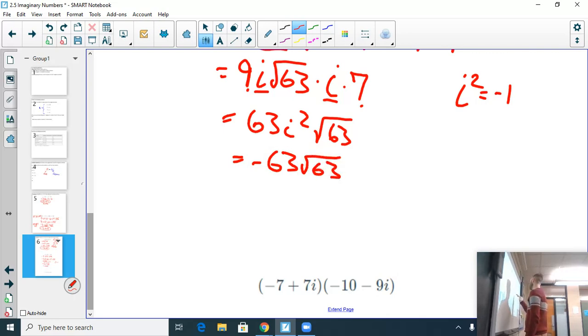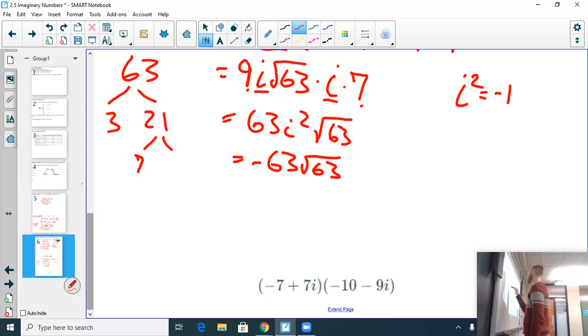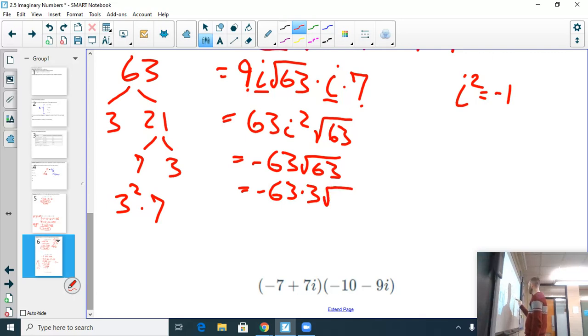Square root of 63. Let's think about 63. Can anything be taken out of that? 3 times 21 and 7 times 3. So 3 squared times 7. The 3 will come out. So negative 63 times 3 times square root of 7, what's left over.